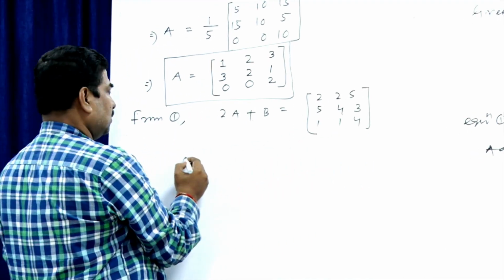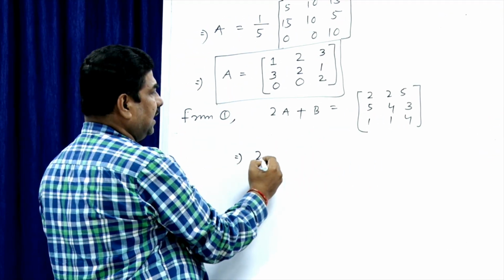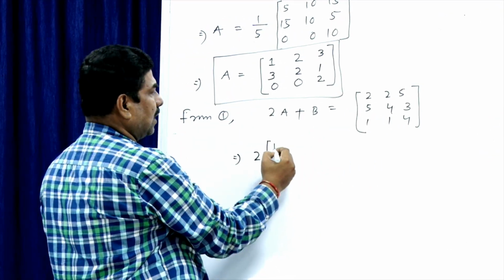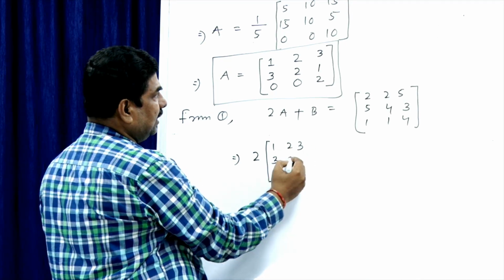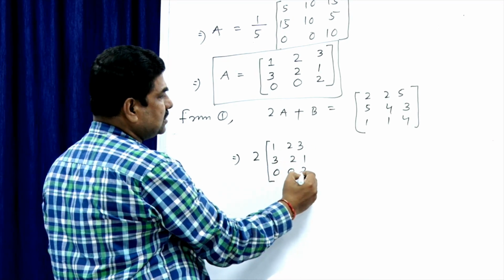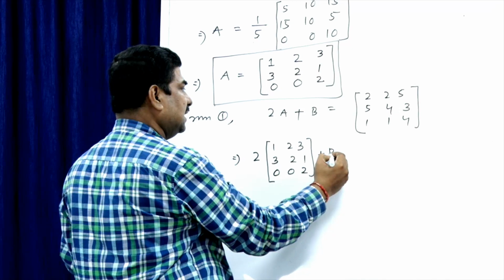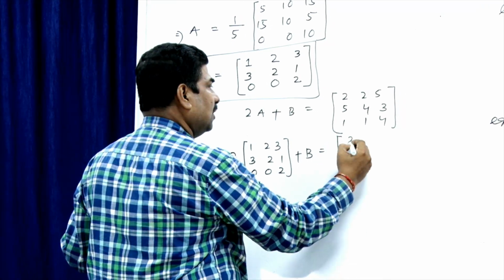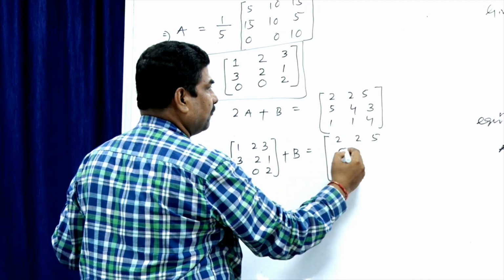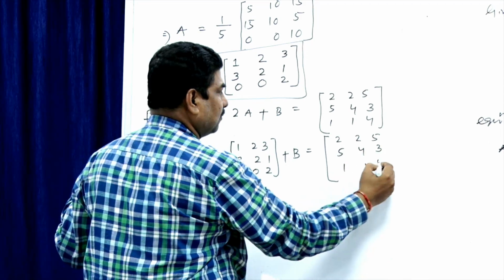You know the value of A, so substitute 1, 2, 3, 3, 2, 1, 0, 0, 2 plus B, which is equal to 2, 2, 5, 5, 4, 3, 1, 1, 4.